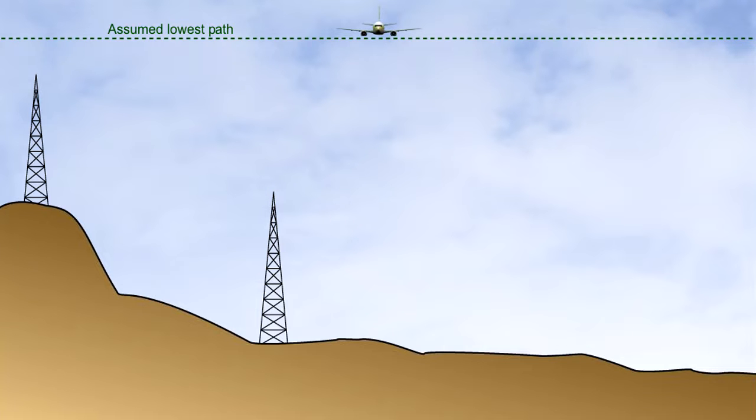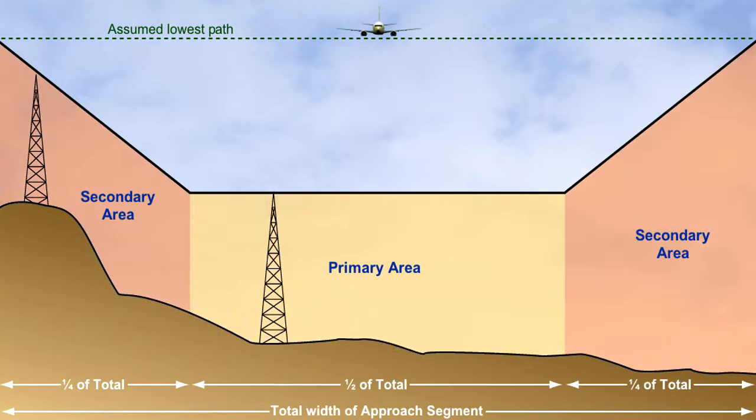The minimum obstacle clearance is defined for all aeroplanes as a fixed margin which is to be added to the height of the dominant obstacle. For a precision approach, MOC is implicit in remaining no more than half-scale deflection of the needles on the display. For a non-precision approach with a final approach fix, FAF, 75 metres, 247 feet of MOC is guaranteed in the primary area.